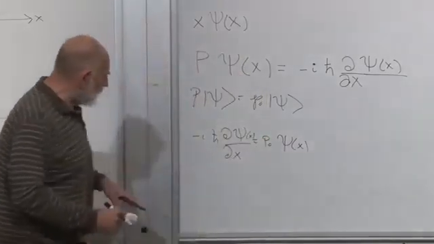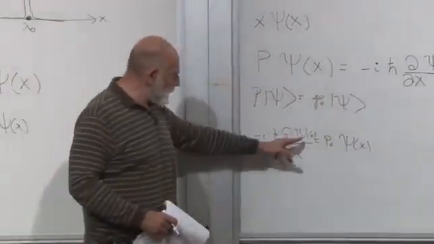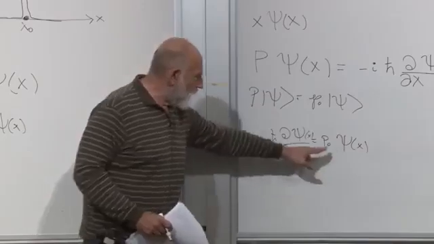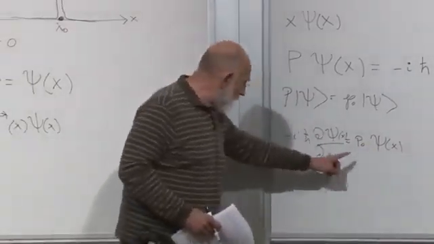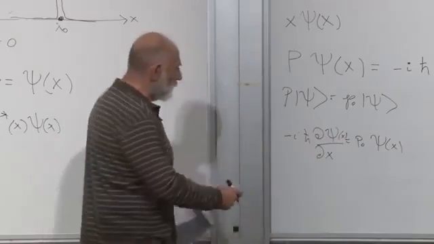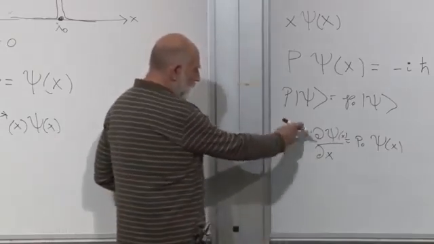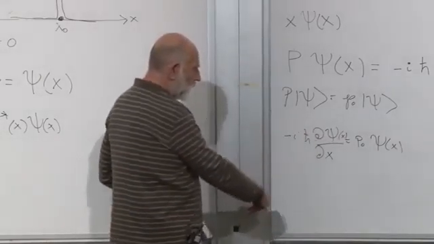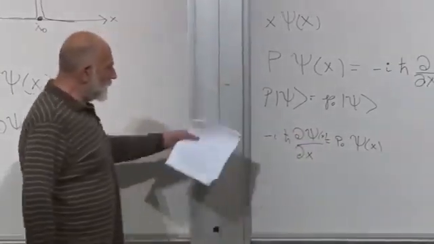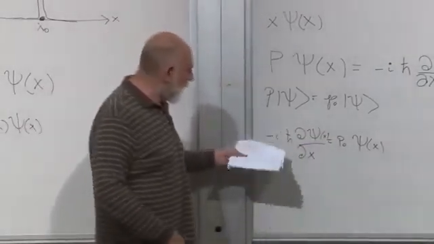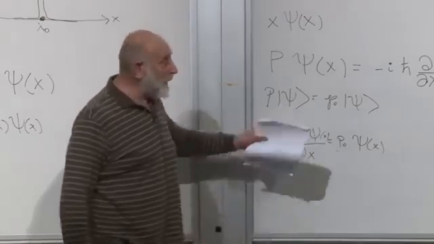And this is easy to solve. This is one of these equations which says that the derivative of something is proportional to that same thing. Derivative of psi, apart from a numerical number, the numerical number we could get rid of the i h bar on this side, it would reappear on this side. This is the equation of the type that represents an exponential.